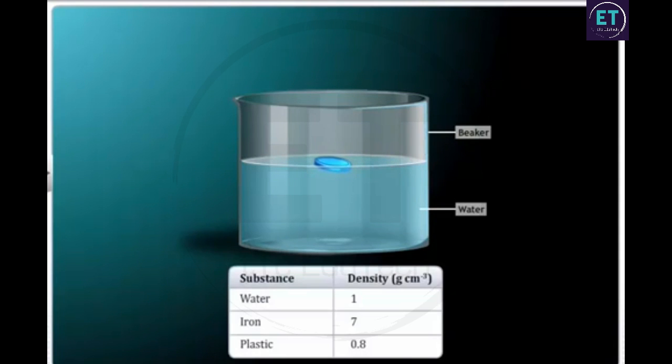The density of water is 1 gram per cubic centimeter. The density of iron is 7 gram per cubic centimeter. The density of plastic is 0.8 gram per cubic centimeter. The plastic coin floats and the metal coin sinks.